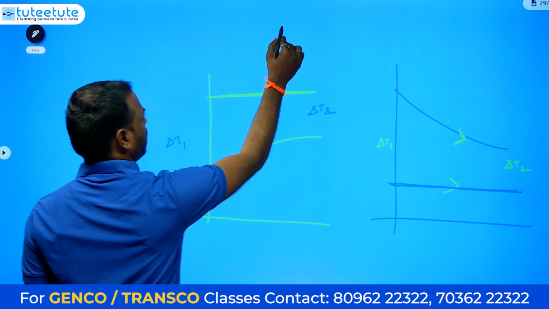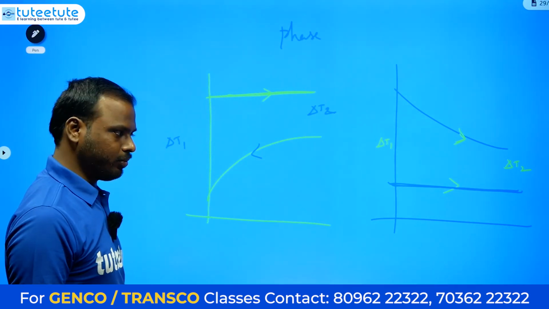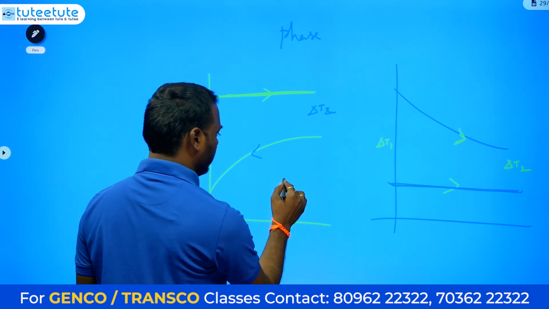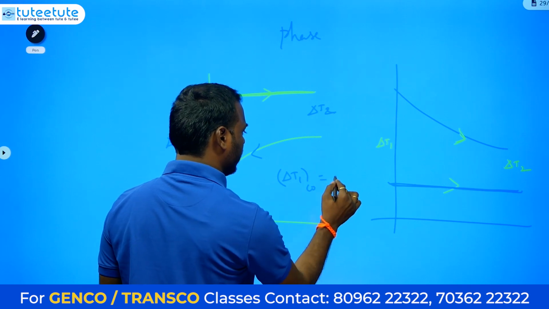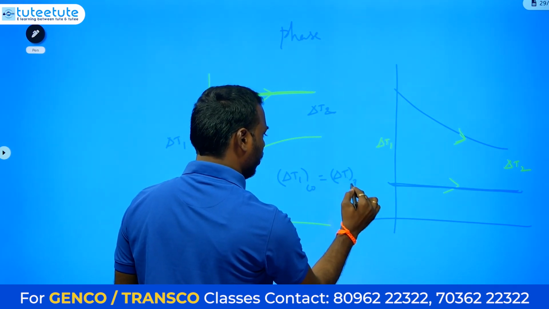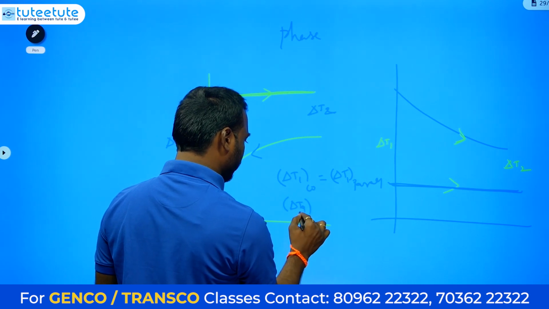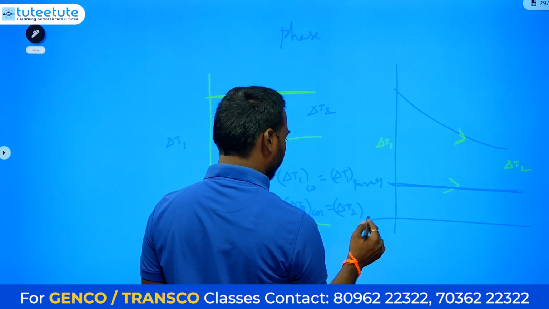If this is the phase change, then you find it in condensers or heat exchangers. Here delta T1 in the counter flow equals delta T1 in the parallel flow. Similarly, delta T2 in the counter flow equals delta T2 in the parallel flow.